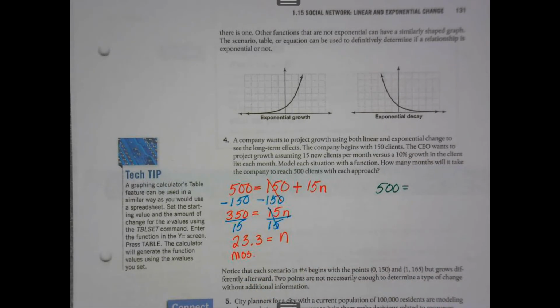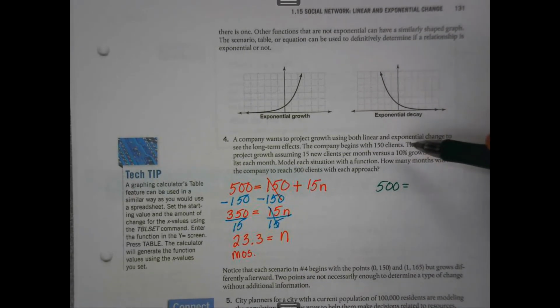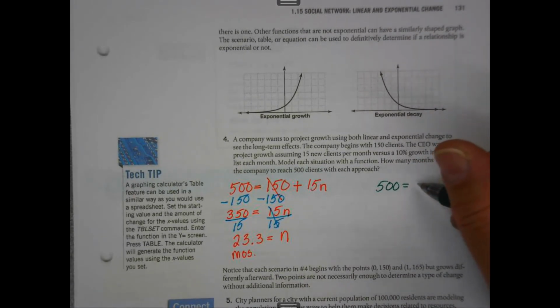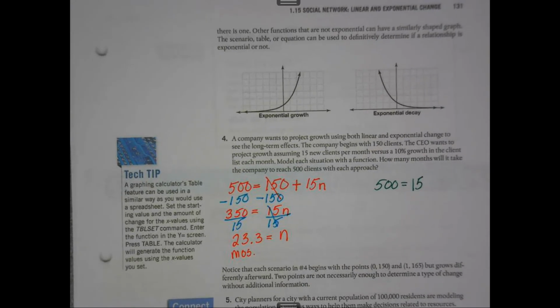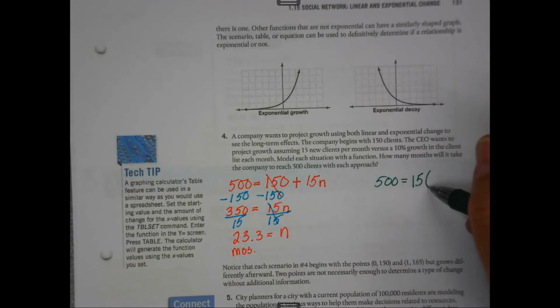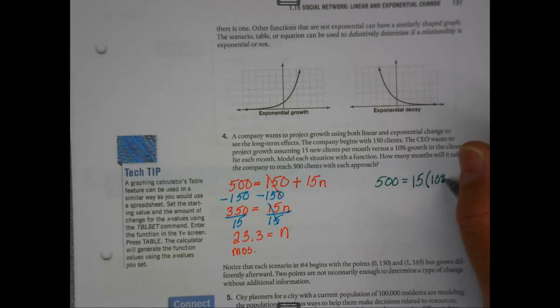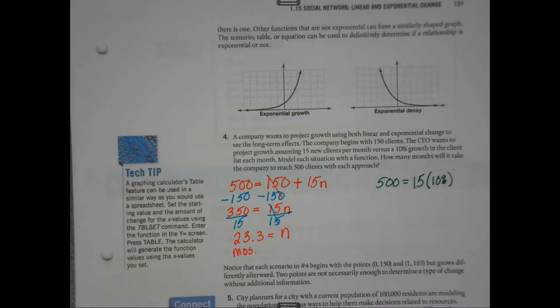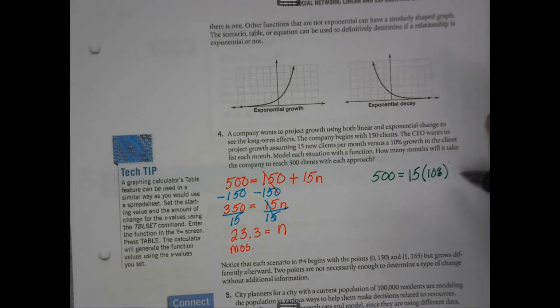Now, let's see exponentially. 10%. So I start with our 15, and I'm going to multiply it by our common ratio, 10%, raised to the n.